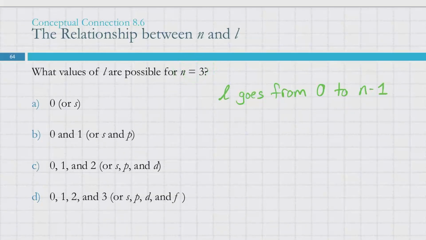So if n equals 3, plug in a 3 here, and this is 2. So our values would be 0, 1, 2. So our correct answer here is C, and these correlate to the letters S, P, and D. So we can have S shapes, P shapes, D shapes. And again, we're going to see visually what those look like, because I think it's helpful.